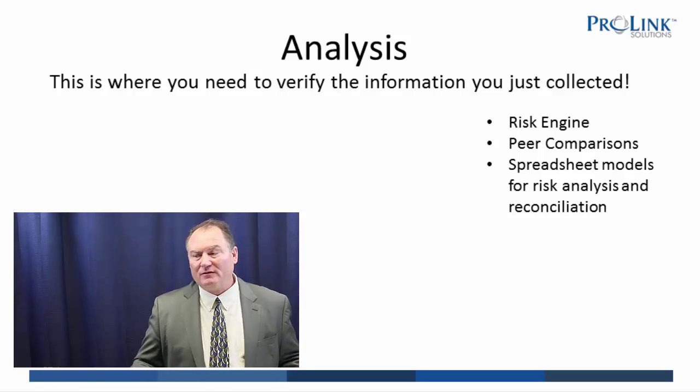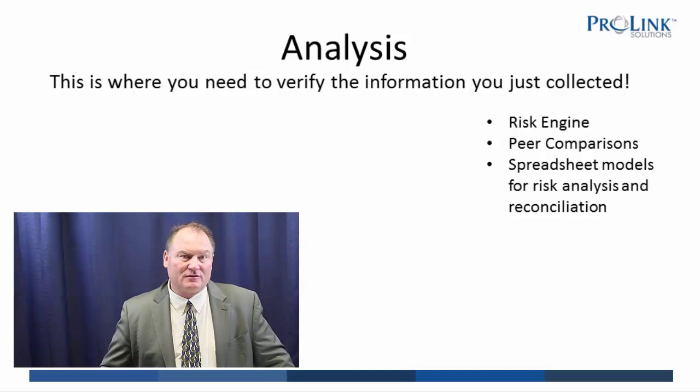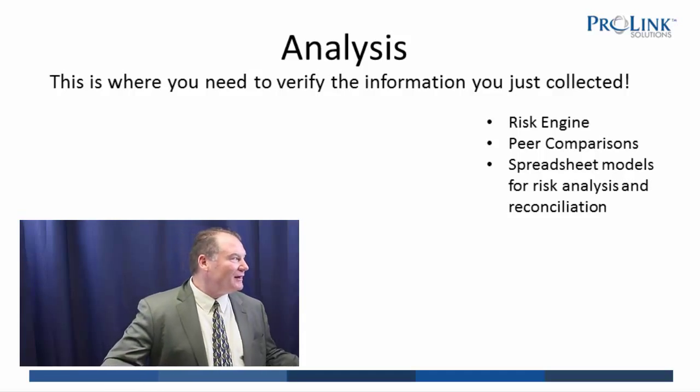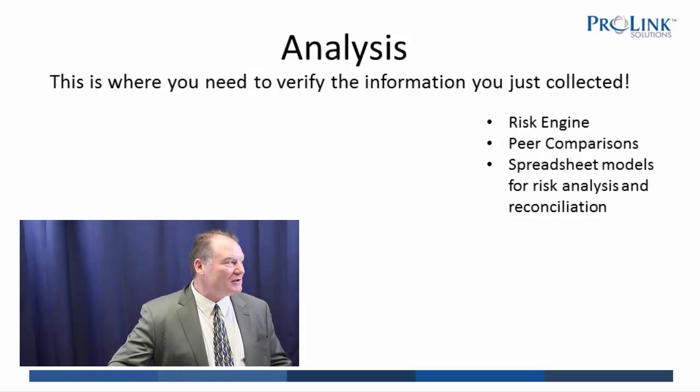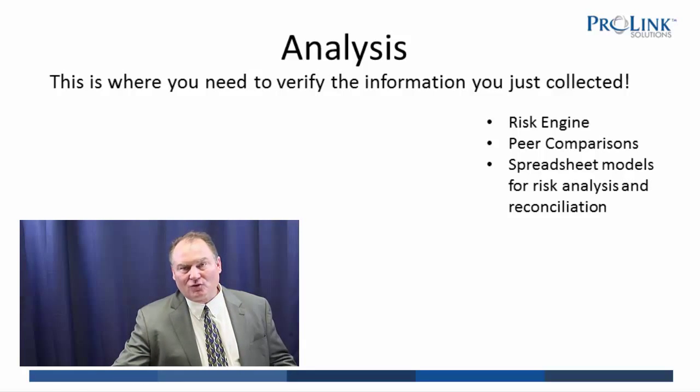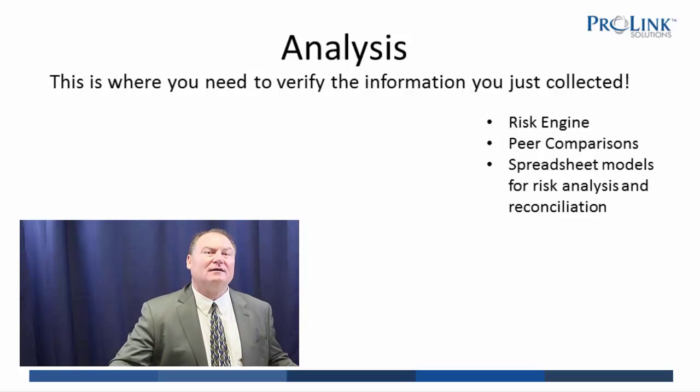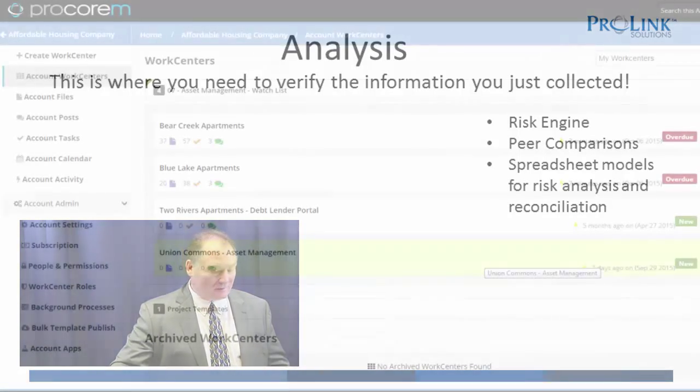As a software company, we've built several different risk engines for our state and our private investors. We move on down to peer comparisons and spreadsheet models for risk analysis. There are forecasting models. Ultimately, every year we do an annual budget, which in itself is a forecasting tool to represent our best guess at what this next year is going to look like. So all of this analysis then goes on around these portfolios.